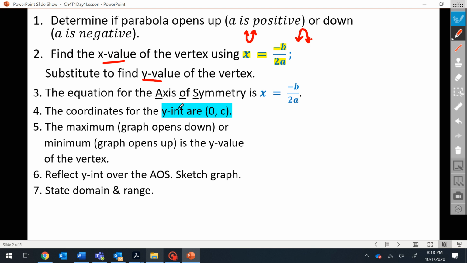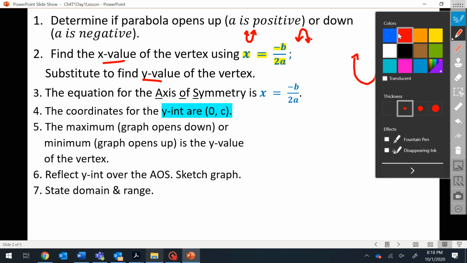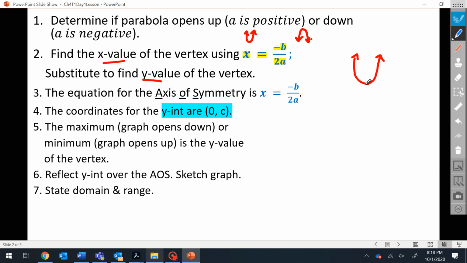Then the equation for the axis of symmetry. Remember, if a quadratic looks like this, and the vertex is the lowest point right here, then this imaginary line where the quadratic is reflected, where the left side and right side look the same, is called the axis of symmetry. It's where the parabola is symmetrical.